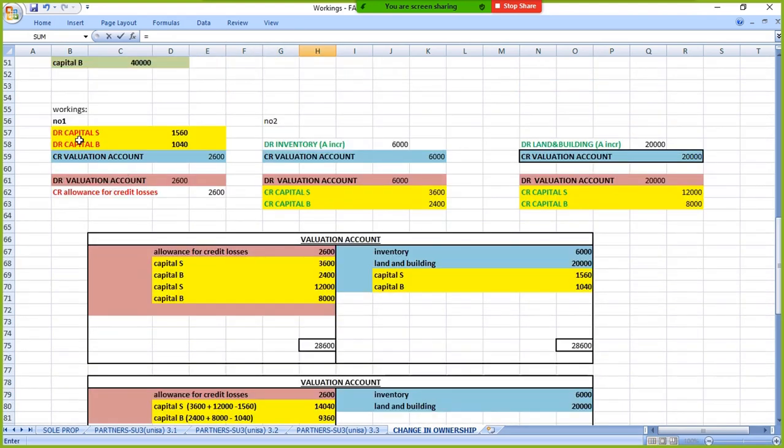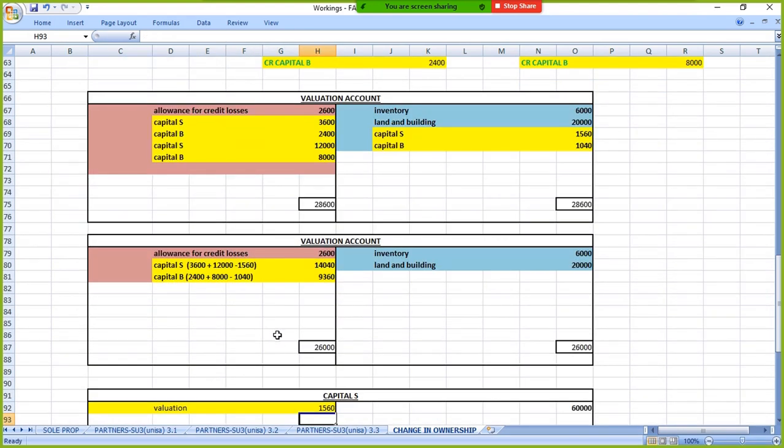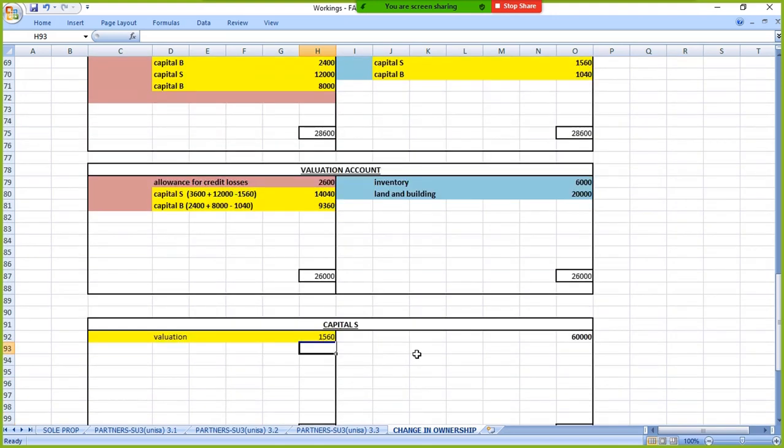And then I would have had credit valuation. This valuation was for the allowance. This valuation was for the inventory. And the other one was for the land and buildings. Are you following? Does that make sense?